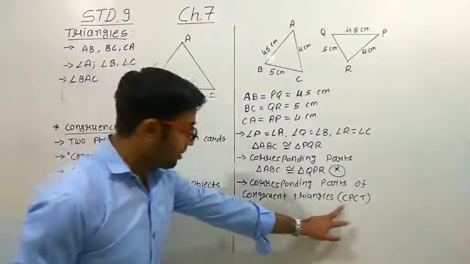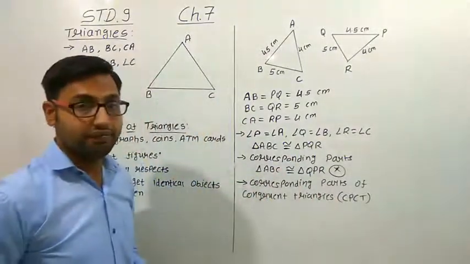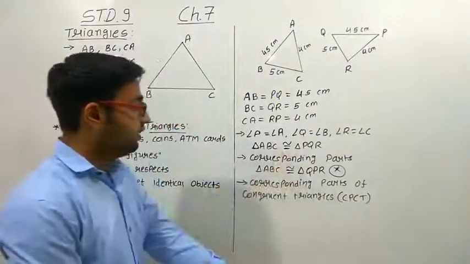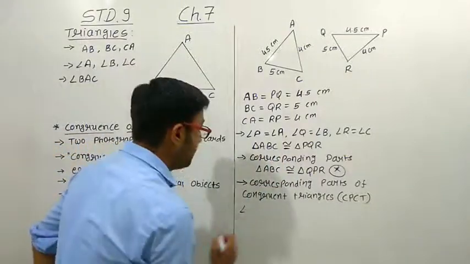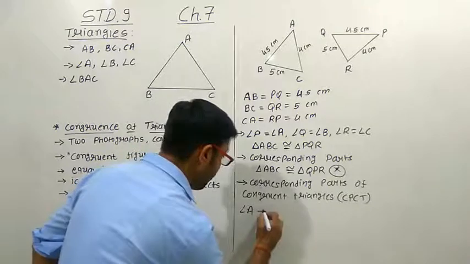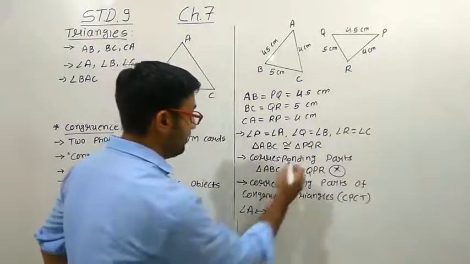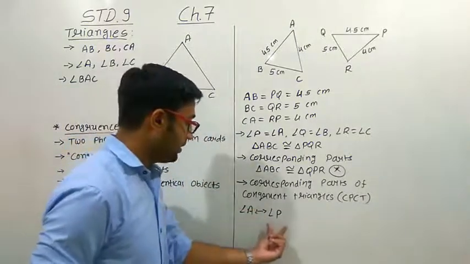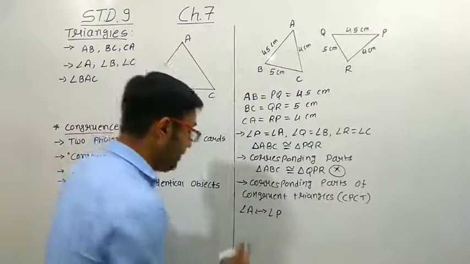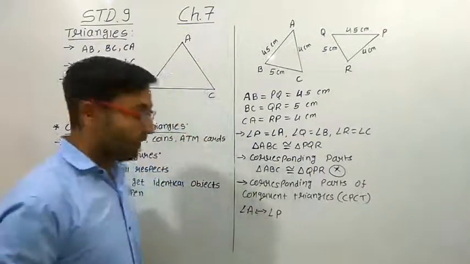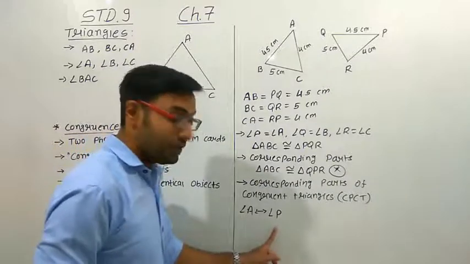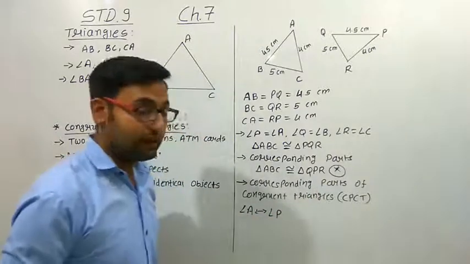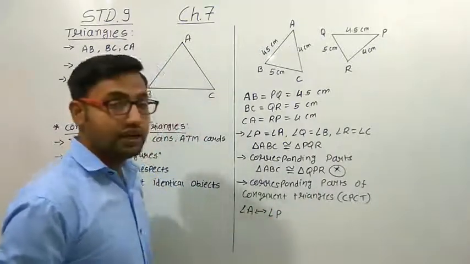CPCT means corresponding parts of congruent triangles. So if it is given that triangle ABC is congruent to triangle PQR, then angle A must be equal to angle P. So by CPCT we can write that angle A and angle P are equal.